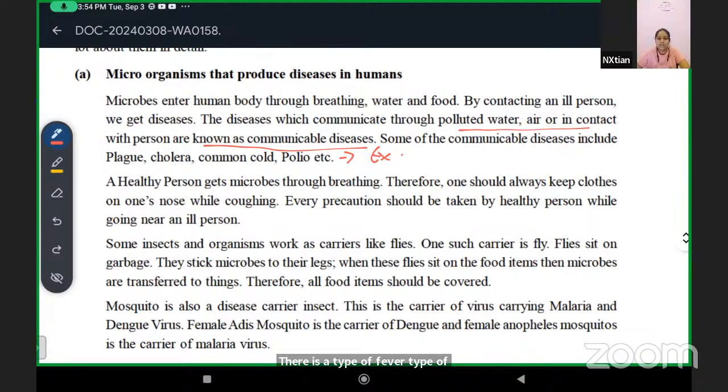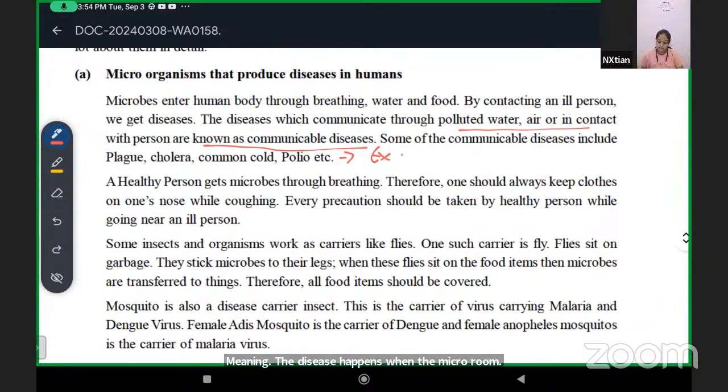Like the microbes come in the water when we drink it. Okay, the microbes enter our body, and this disease happens to us. Cholera is when the disease happens when the microbes enter through the source of water.